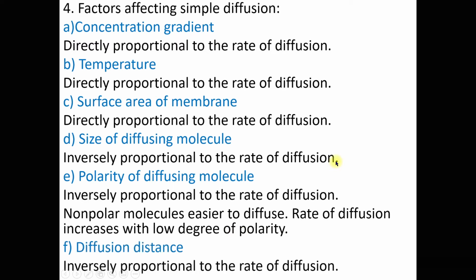And then F, diffusion distance, yang ini pun inversely proportional to the rate of diffusion. Lagi pendek, the shorter the diffusion distance, the greater the rate of diffusion.